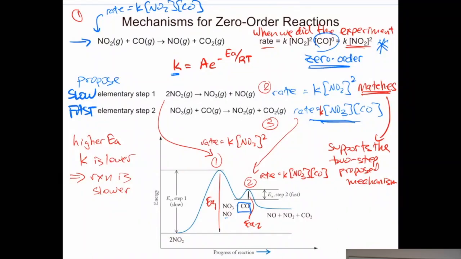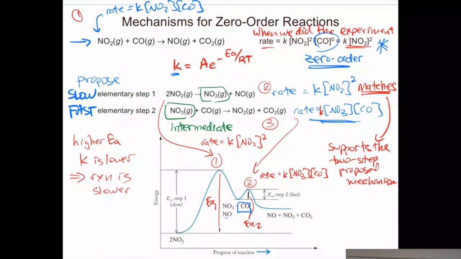So that reminds me then to remind you that what we have here, NO3 is made in step 1 and it's consumed in step 2. We learned that that's what an intermediate is. And by the way, that's another reason that this proposed rate law can't be right for step 2. Because look what it has in it. It has the intermediate in it. An intermediate is something that you didn't add to the reaction.